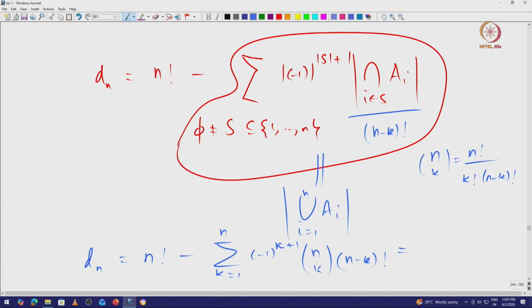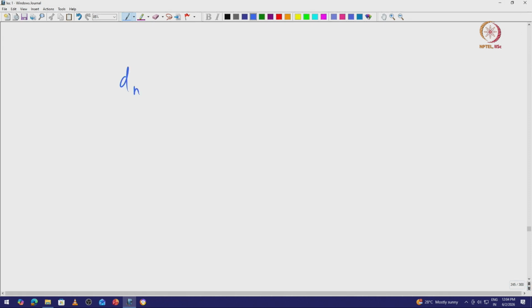We can cancel out this n minus k factorial. Then this becomes minus 1 to the power of k divided by k factorial, and we can take n factorial out, where k ranges from 0 to n with the sign minus 1 to the power of k, because the minus becomes plus and the leading term is absorbed. So, we have the explicit formula: dn equals n factorial times the summation of minus 1 to the power of k divided by k factorial, k ranging from 0 to n.